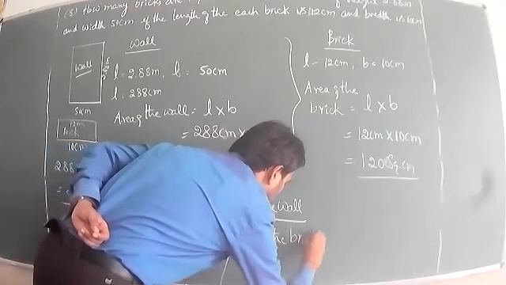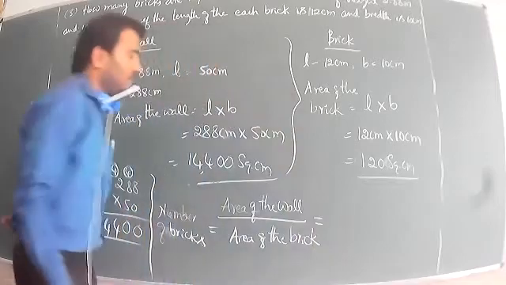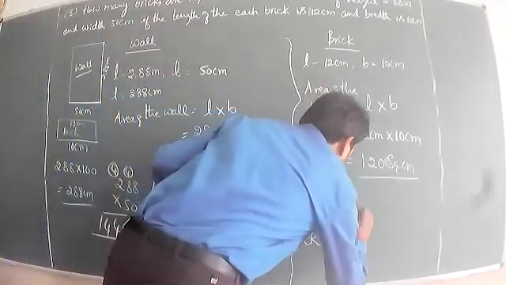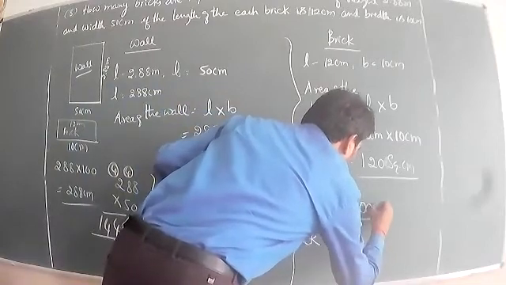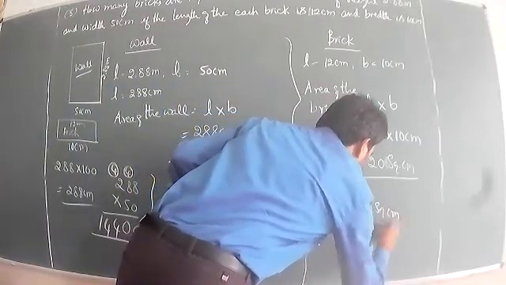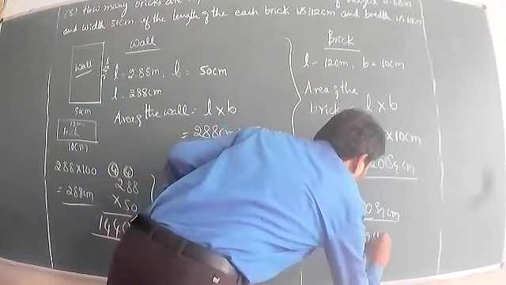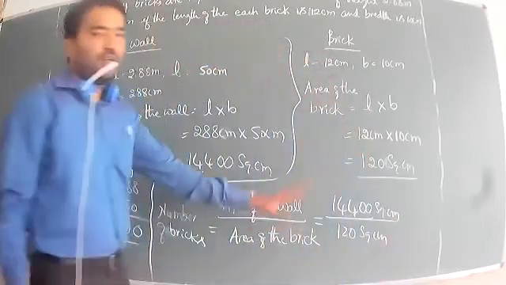This is the formula. The area of the wall is 14,400 square centimeters, divided by 120 square centimeters, the area of the brick. The units cancel.